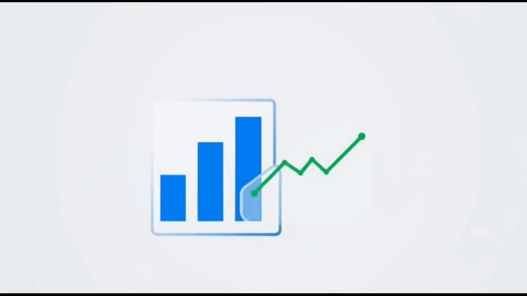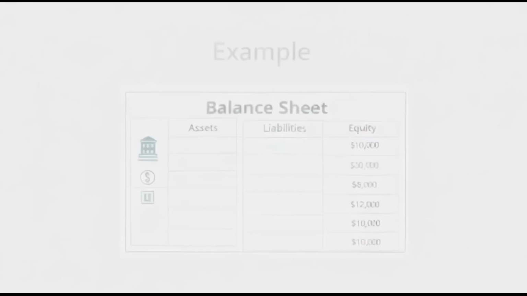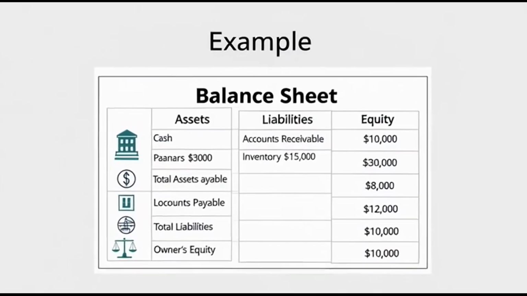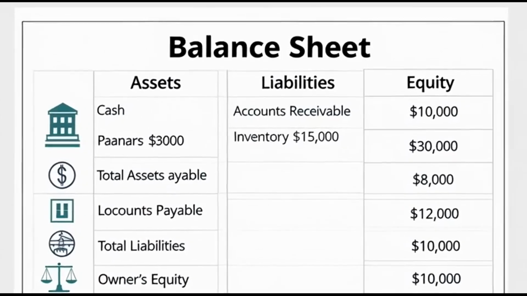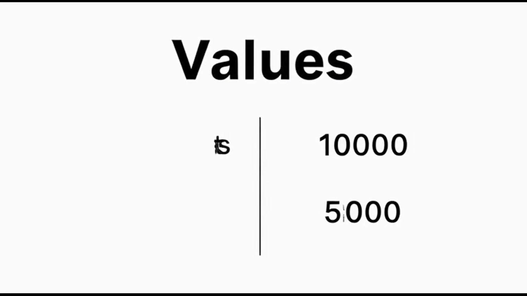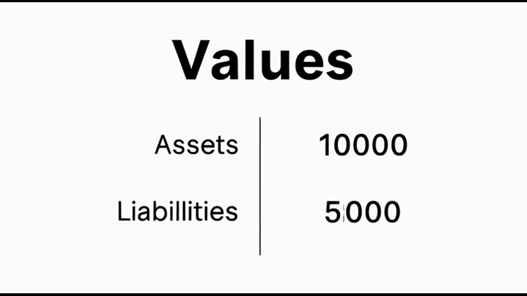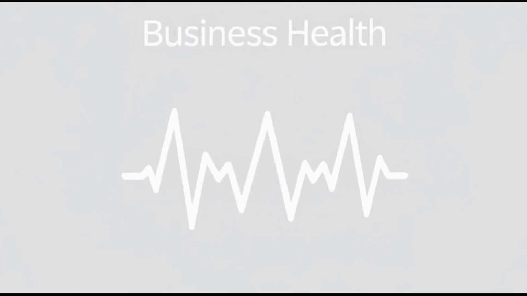Both together show complete financial status. Let's look at a simple example. Assets and liabilities are listed with values. This helps understand business health clearly.